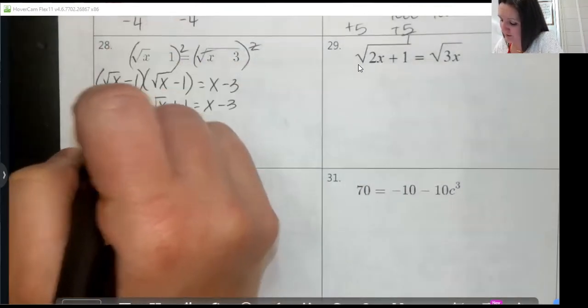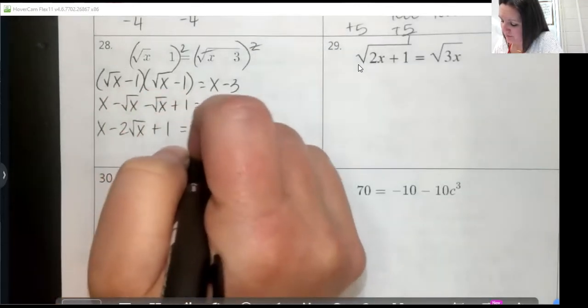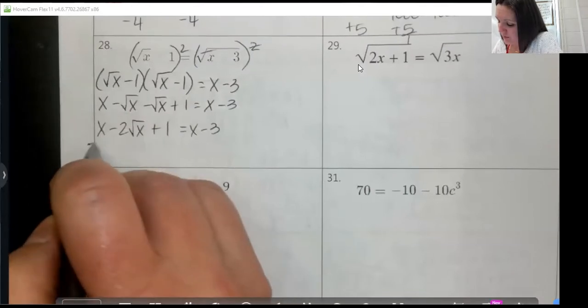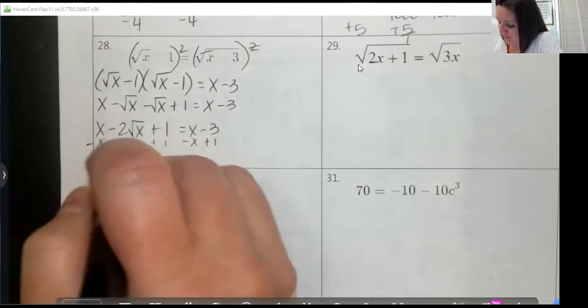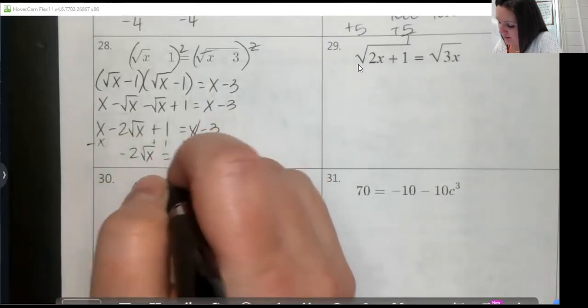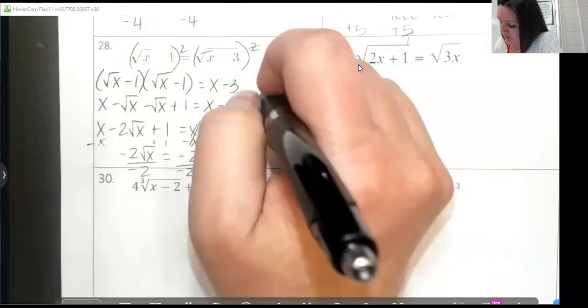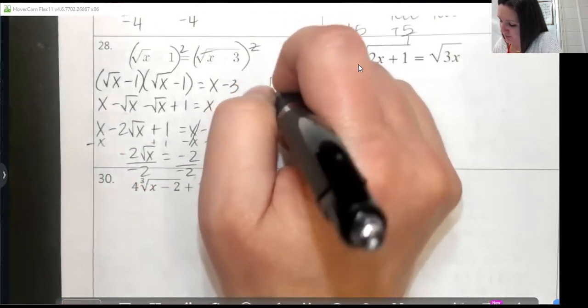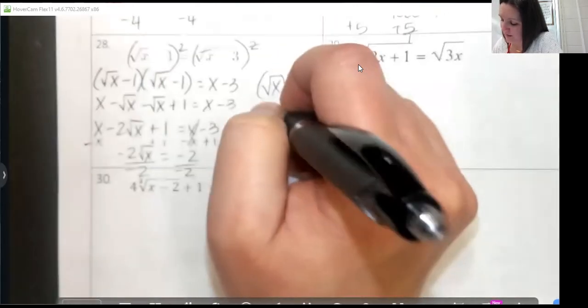Combine our like terms. So we have x minus 2 root x plus 1 equals x minus 3. Move the x and the 1 over. So we have -2 root x equals, those cancel, -2, divide by -2, and looks like a positive 1. Square root of x equals 1, square both sides there, and x equals 1.